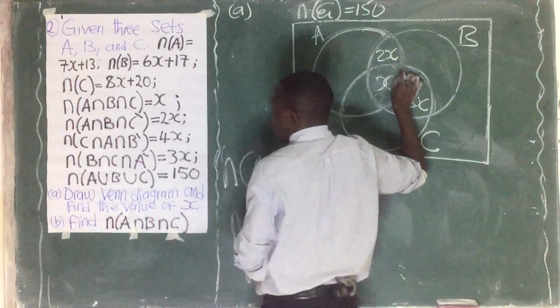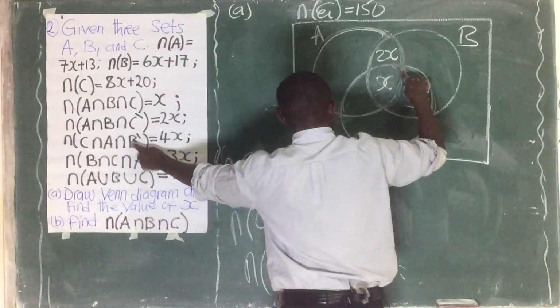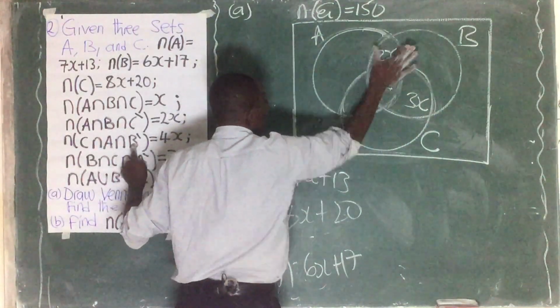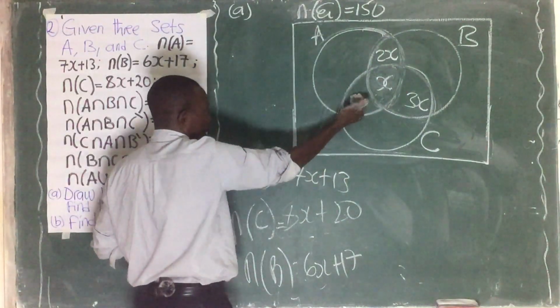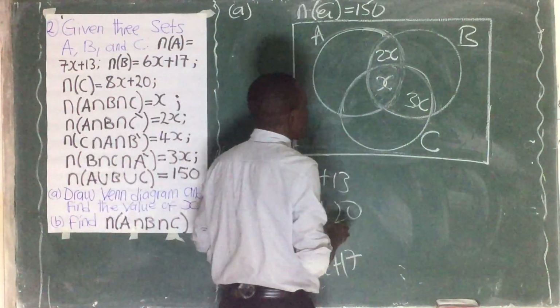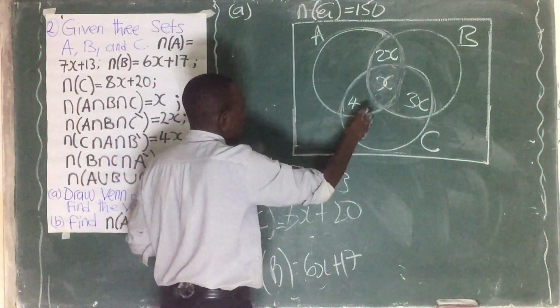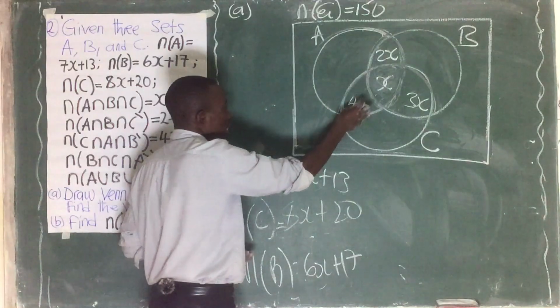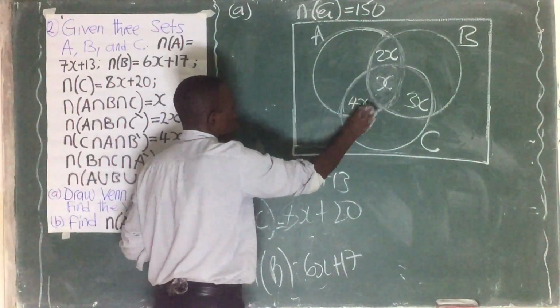But now with the complement B, it means we are removing something from that intersection. Let's remove the B. It means we are going to remain with this one here. What we want there is just the A intersection C only. We talk of A and C only, which is this one here.